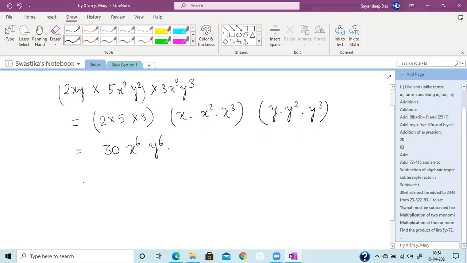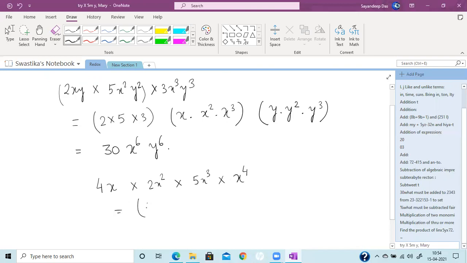Let us take one more example. Suppose you are given 3 or 4 monomials like 4x into 2x squared into 5x cubed into x to the power 4. How will you multiply this?